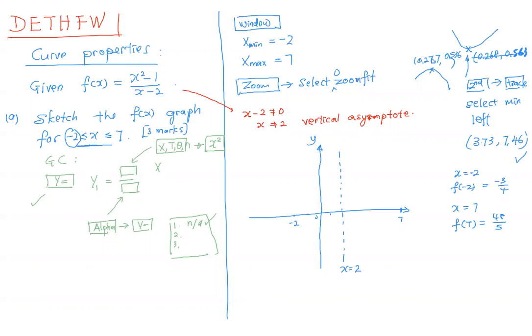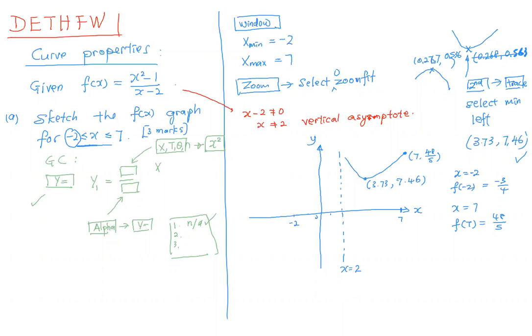So this is your y, this is your x. The graph will go in this way. At 7 you stop, then you jot down the coordinate 7, 48/5. And this is the coordinate, that is 3.73, 7.46.